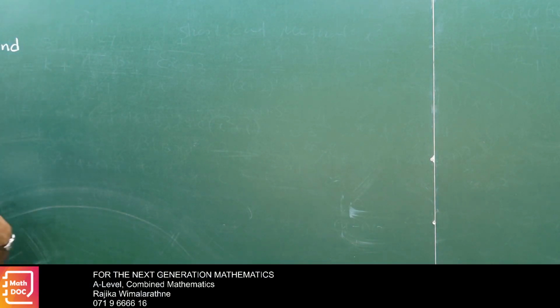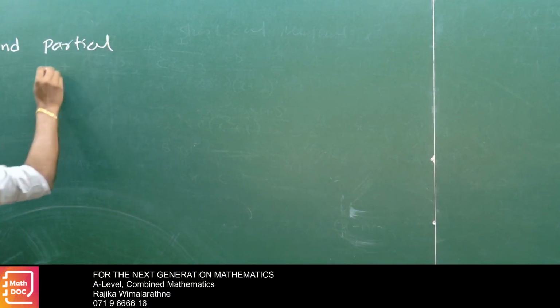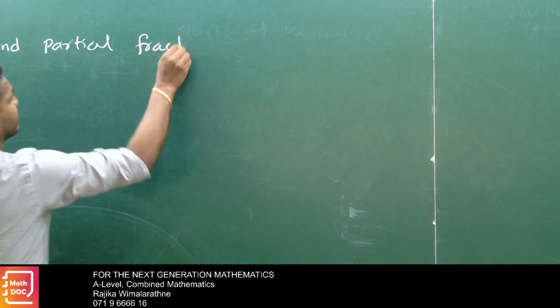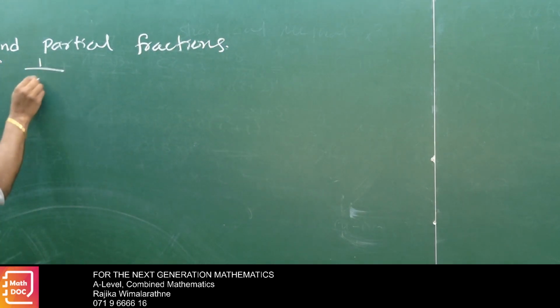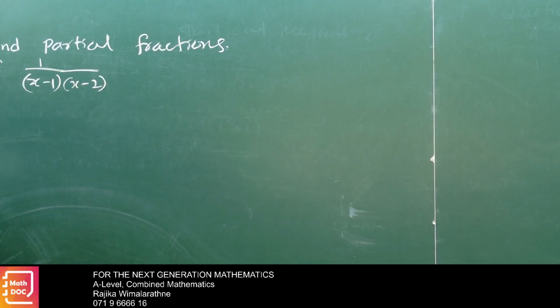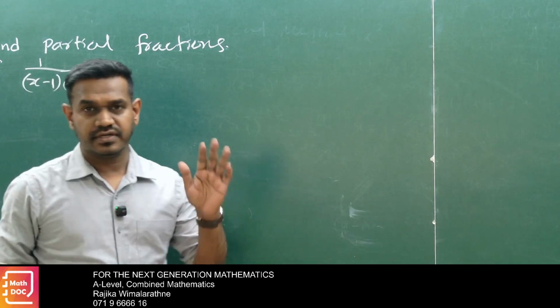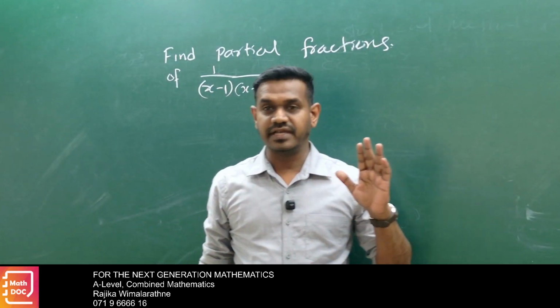Find partial fractions of 1 over x minus 1 times x minus 2. Write down: find partial fractions of 1 over x minus 1, x minus 2.